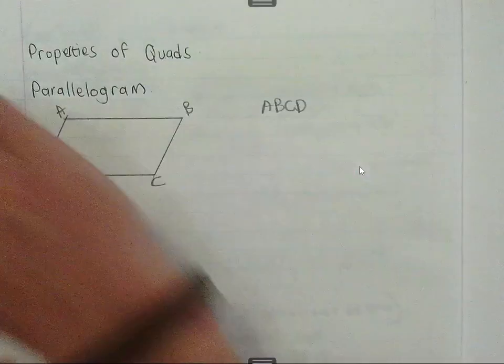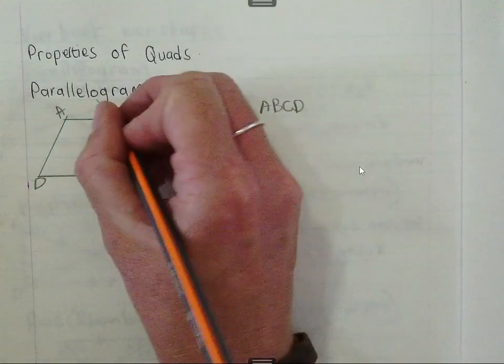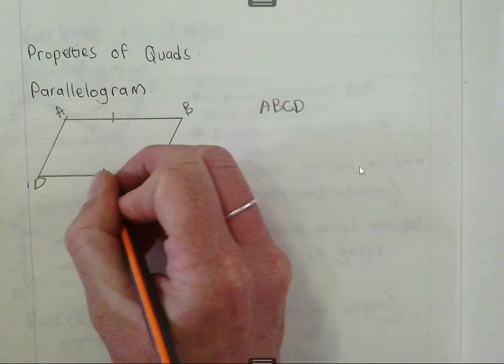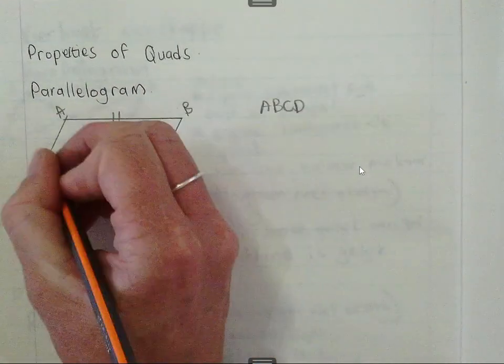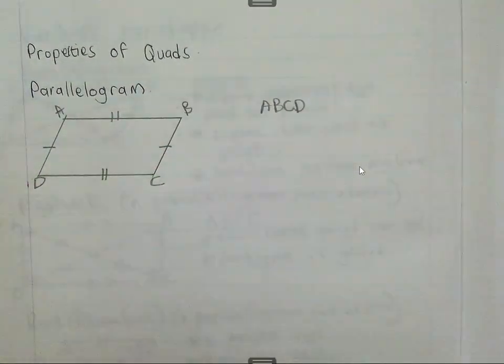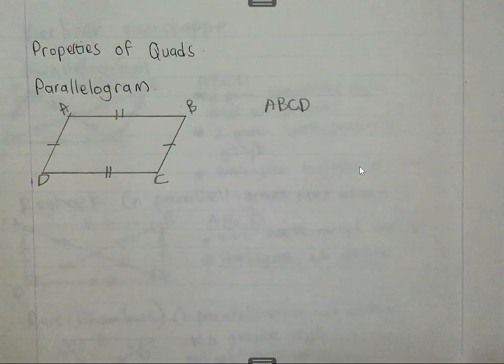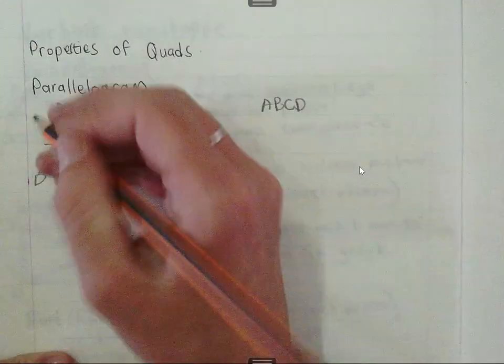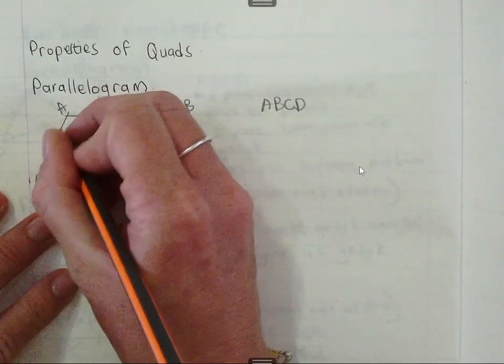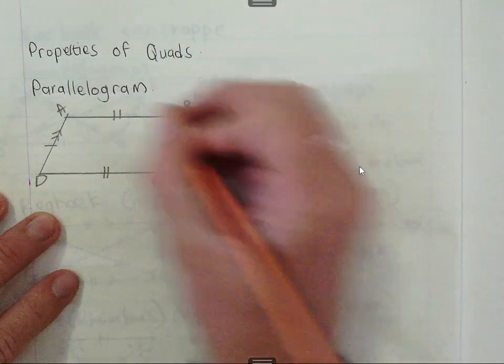Alright, the first thing we're going to look at is the sides. Do you agree with me? A parallelogram has two pairs of opposite sides that are equal. And it's also got two pairs of opposite sides parallel.